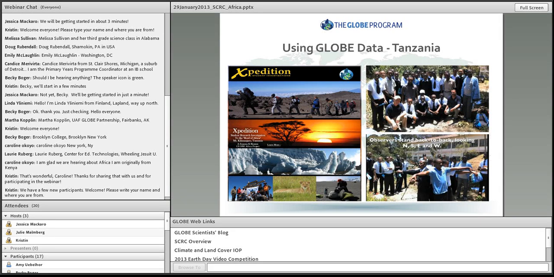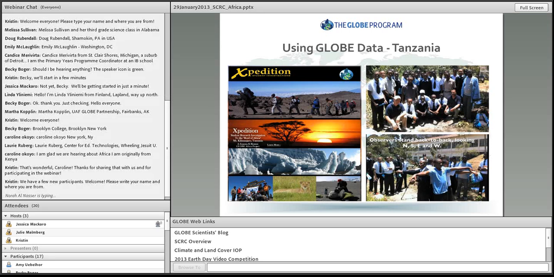This team gathered environmental data within the distinct biomes of Mount Kilimanjaro, and they looked to the GLOBE protocols to distinguish those biomes. The data that they collected will not only be compared with the previous years, from 2008 and on, but will also serve as a baseline for future study areas to examine the effects of climate change that threaten the fragile Kilimanjaro ecosystem.